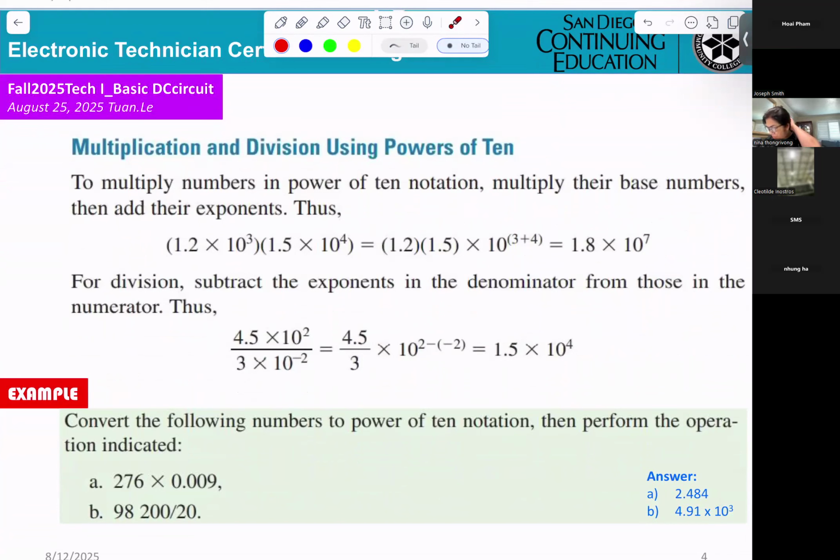Okay? If now you have 1.2 times 10 to the power of 3 times 1.5 times 10 to the power of 4, what you can do is take 1.2 times 1.5.